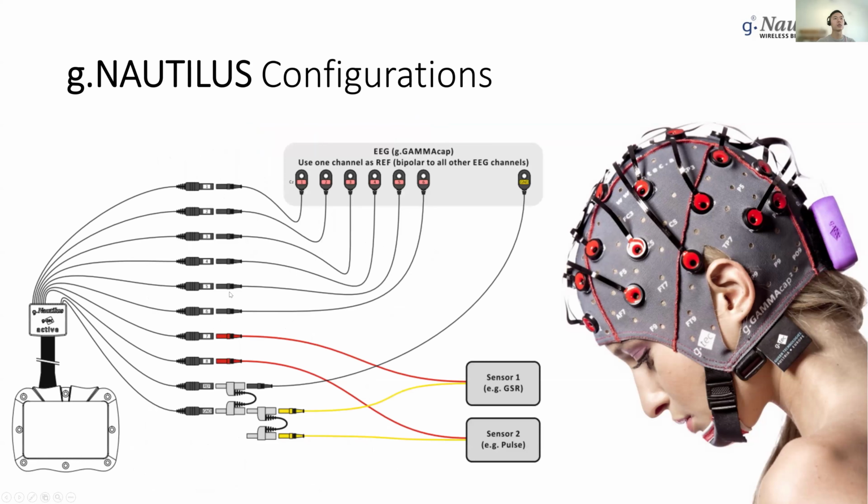One example here is having a device with all detachable electrodes. We can sacrifice channel 7 for attaching sensor 1, for example GSR sensors, and channel 8 for pulse sensors. We can share the common ground with the sensors, making everything hardware controlled. So everything will be timestamped automatically.